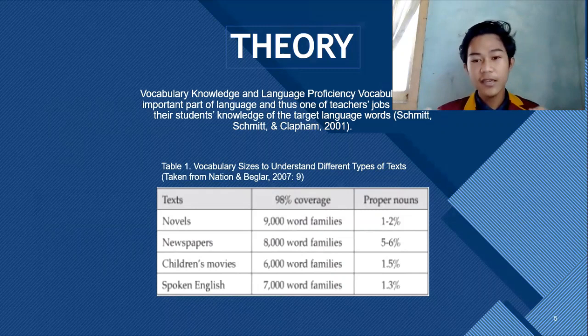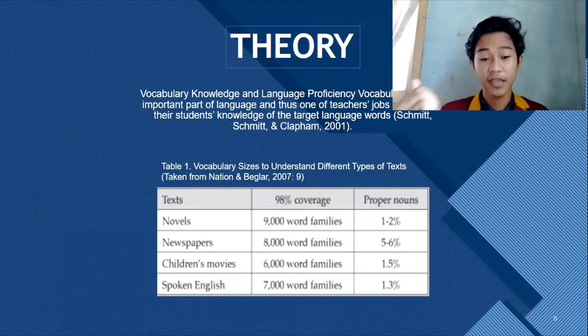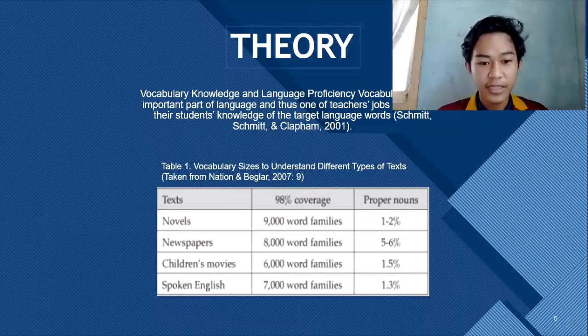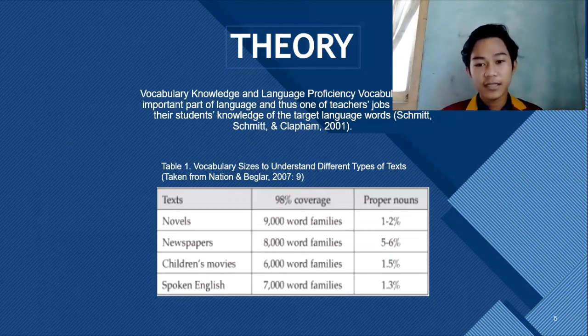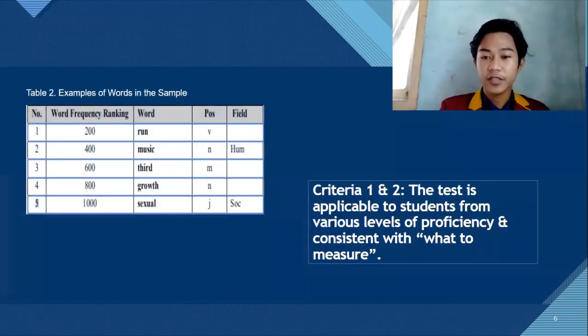The highest proper noun coverage we got here is newspapers, at 5 to 6%, and the lowest is novels. Why is the novel not really rich for the students? Because not many students use novels as their source to study, right? So we move to criteria 1 and 2.